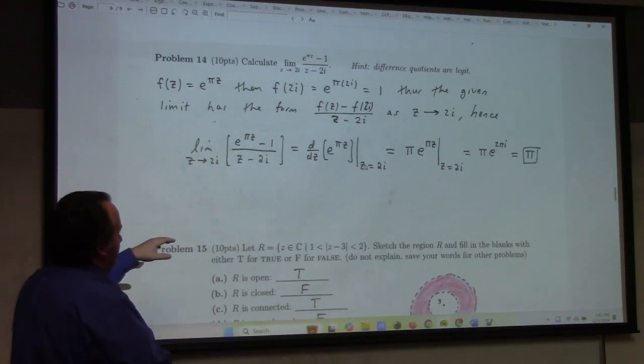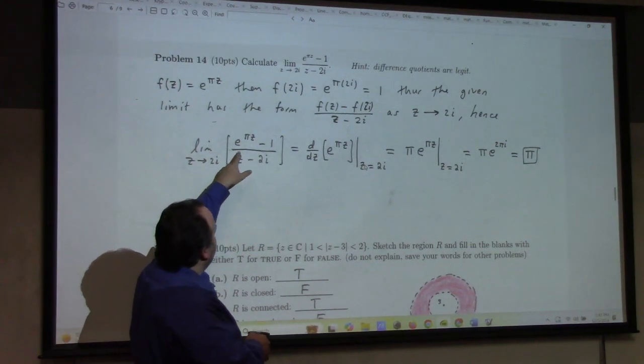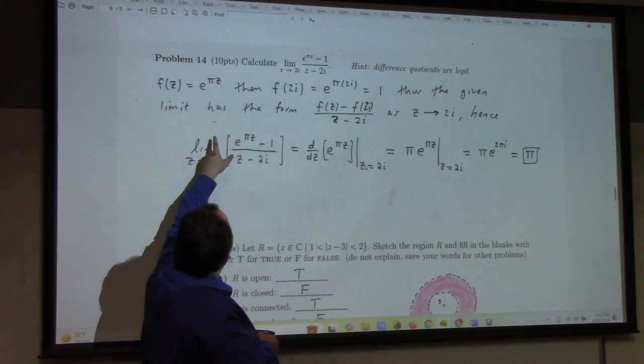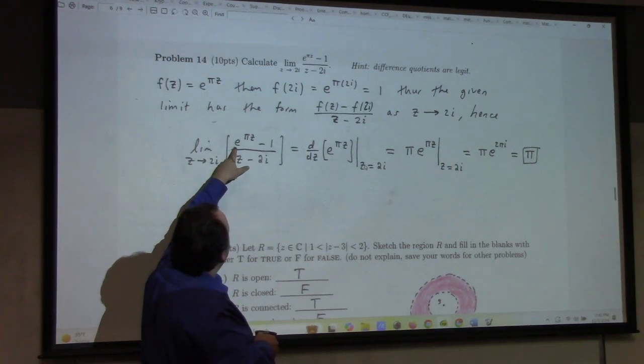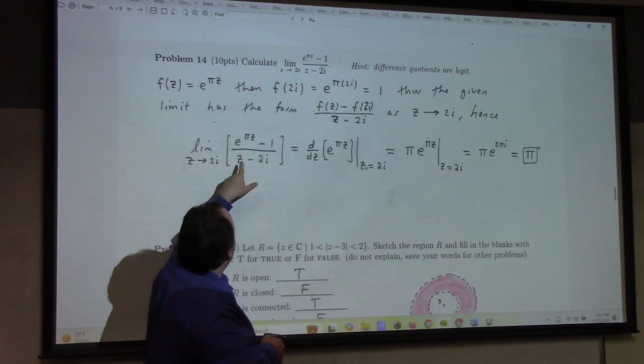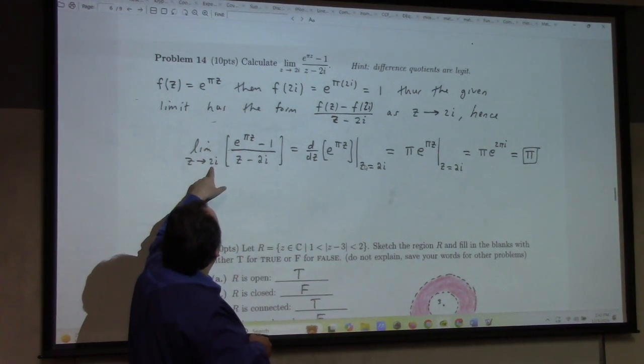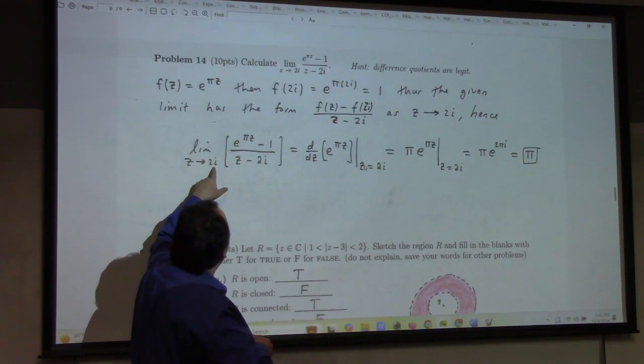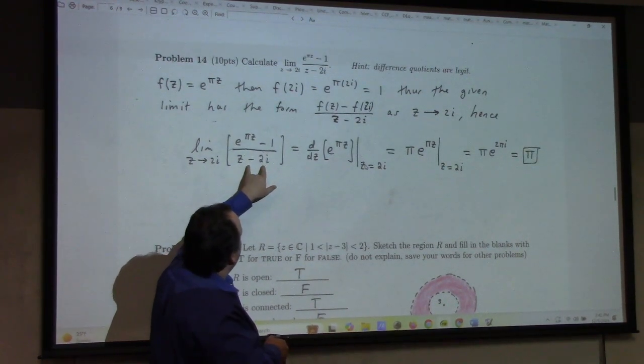But on the other hand, if you tilt your head and squint, you can see that this is really, if we let f of z equal e to the pi z, this is f of z minus f of 2i, because 2 pi i is 1. So this is the difference quotient.